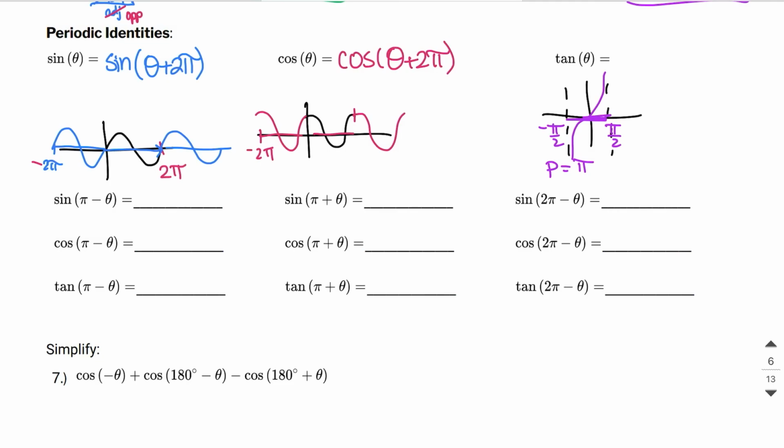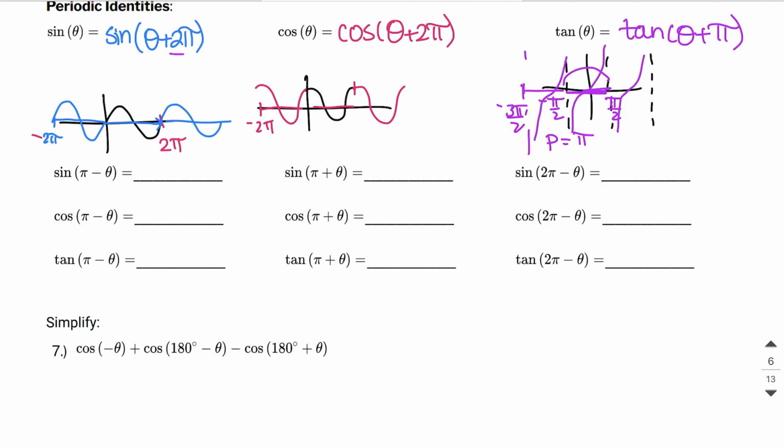So then if I shift everything over by 1 pi right here, this negative pi over 2 would start at pi over 2, and then it would look exactly the same. Or if I shift everything to the left by negative pi, I'd be at negative 3 pi over 2. And then this would also look the same. So this one's a little bit different. This one is saying that the tangent of theta is equal to the tangent of theta plus pi. So these are periodic identities.